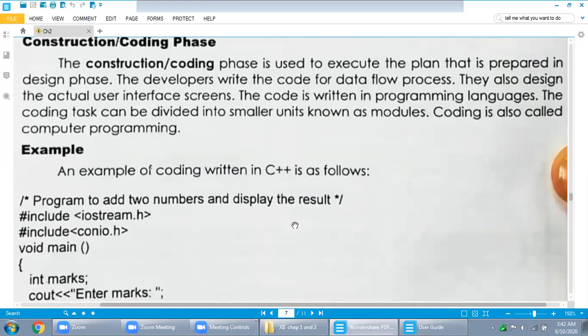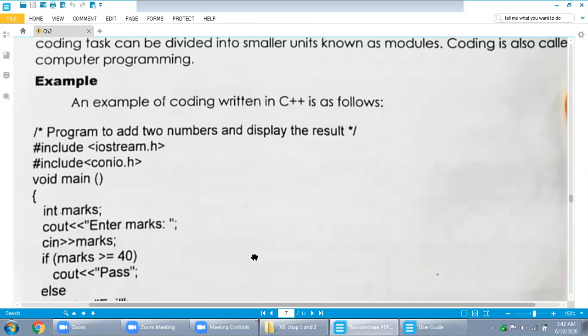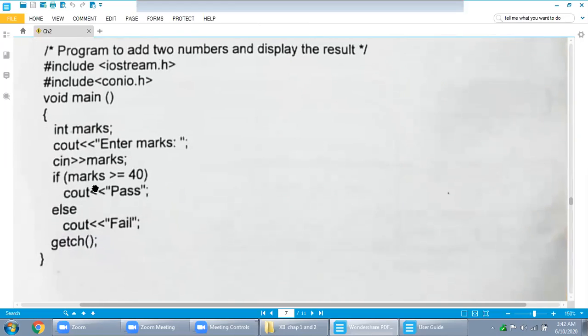I will not explain this example in detail here, because our next C++ chapters, chapters 3, 4, 5, 6 and 7, belong totally to this. So don't be worried; I will explain it simply. It is the same algorithm and flowchart I gave as the example, but now using a programming language to make the program.